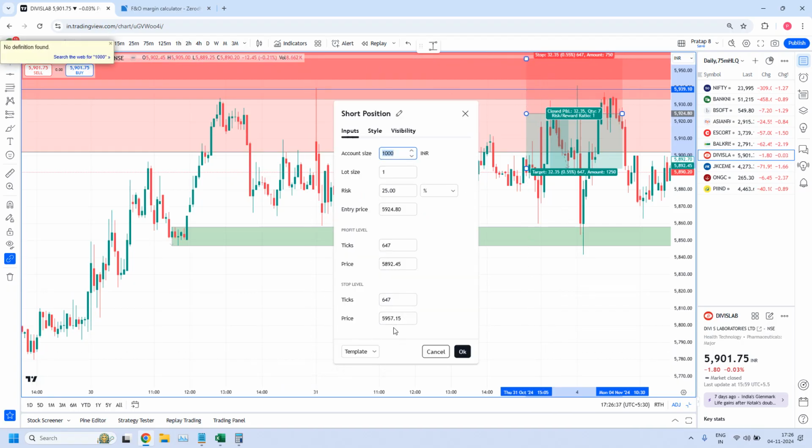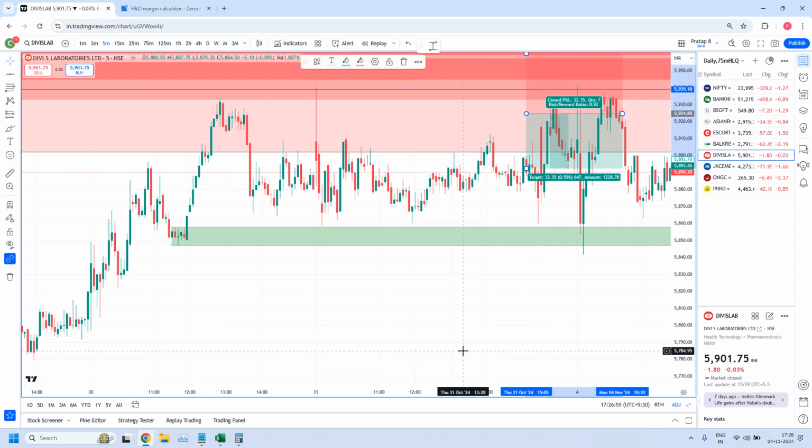So let me reduce 3 rupees stop level. So I have to add 3 rupees more. 5960. And this is our entry.